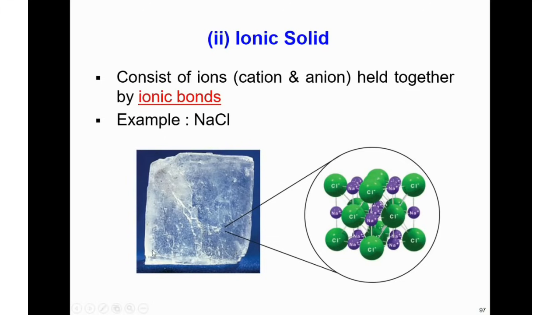In NaCl, there is a lattice structure of Na+ and Cl-, which are attached to one another by strong ionic bonds. So all salts which consist of ionic bonds are also known as ionic solids.